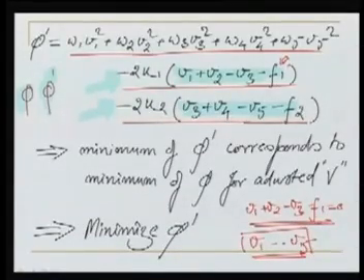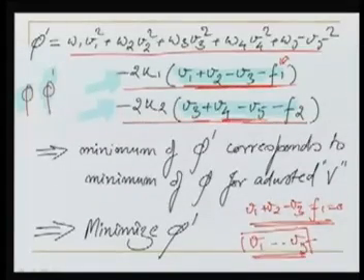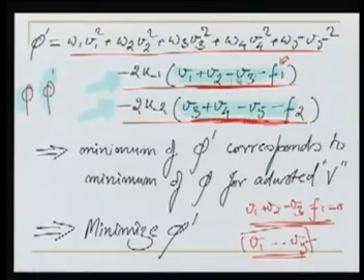Similarly, V3 plus V4 minus V5 minus F2 should also be equal to 0. Both these terms are 0 for adjusted observations.